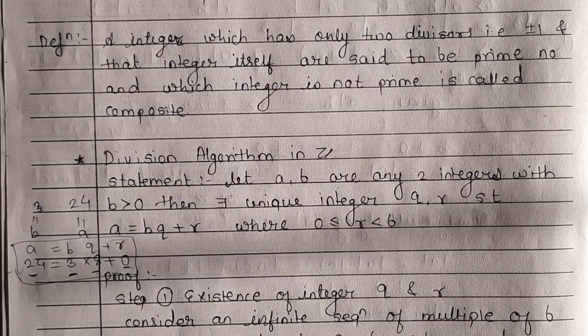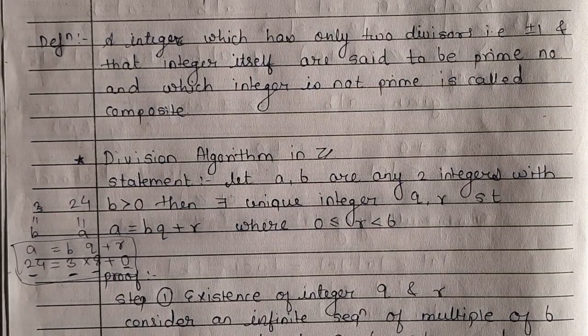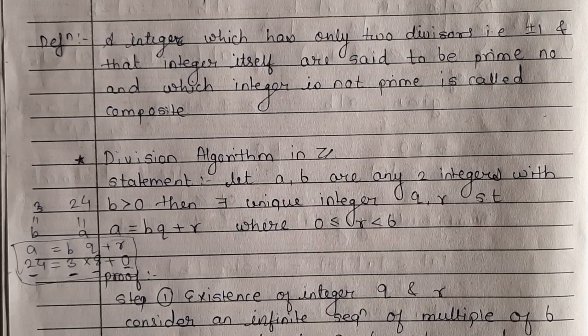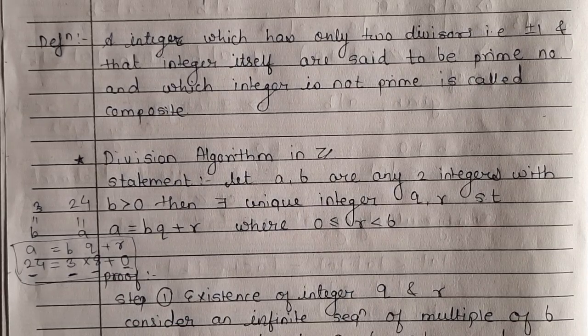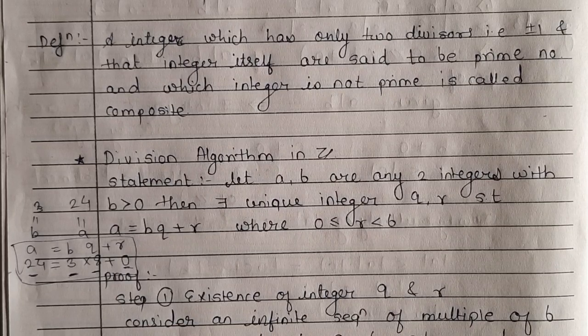We prove this theorem in two steps. The first step is existence of integers q and r, and the second step is uniqueness of these two integers. In the textbook they have given a different method and I use a different method.